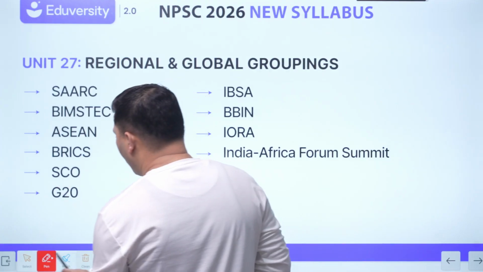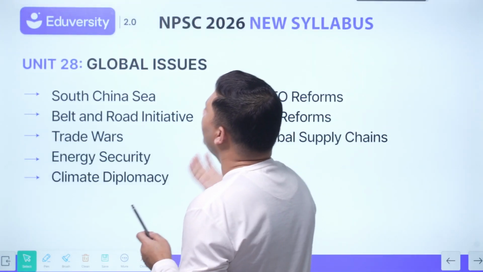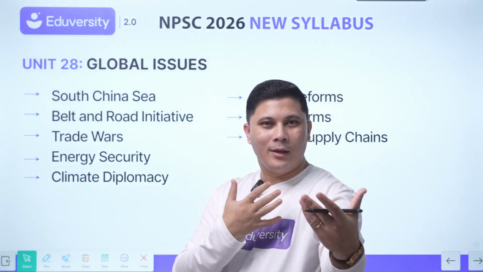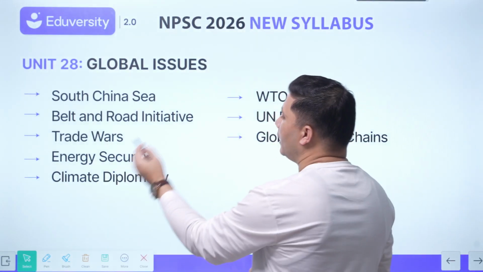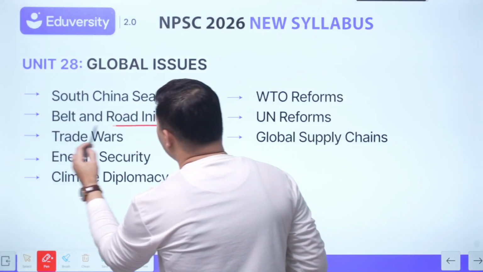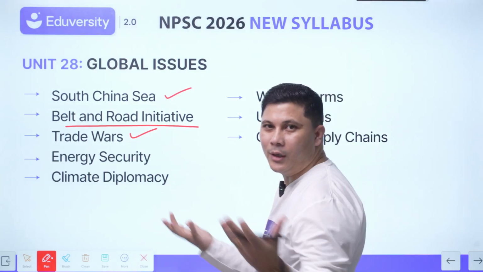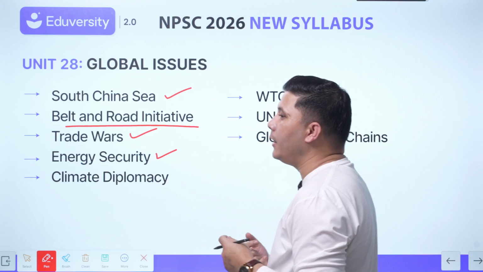Now going forward, we have to study about global issues. In international relations, everything is not about relations. We also have to see there are issues also, like the South China Sea issue, Belt and Road Initiative, trade war, which we are getting to hear in the news every day, energy security, right?